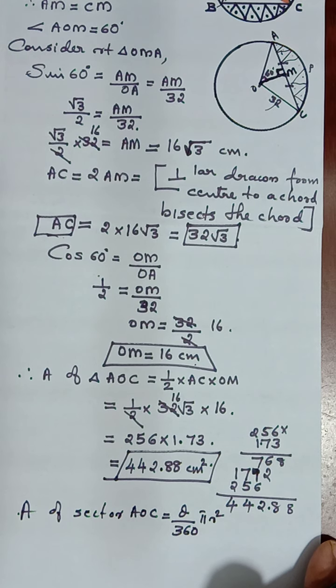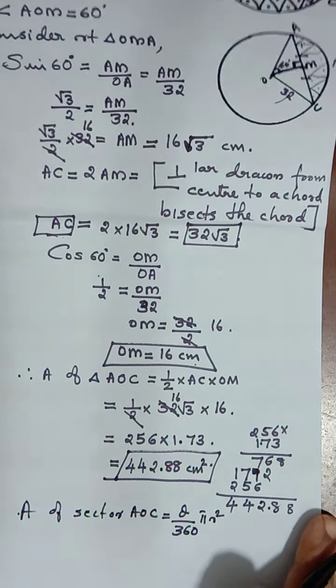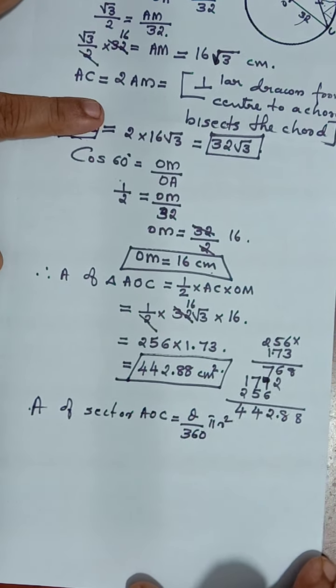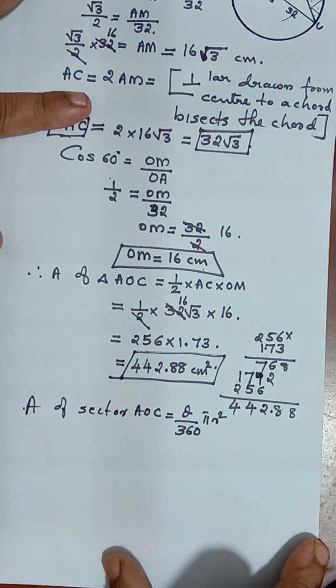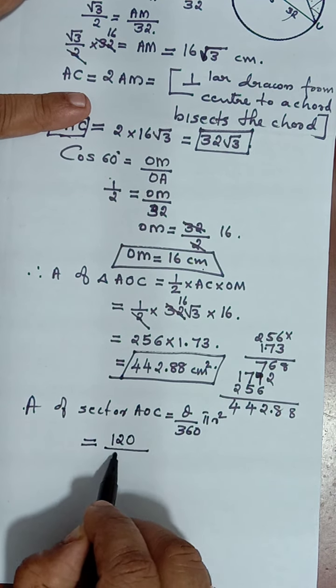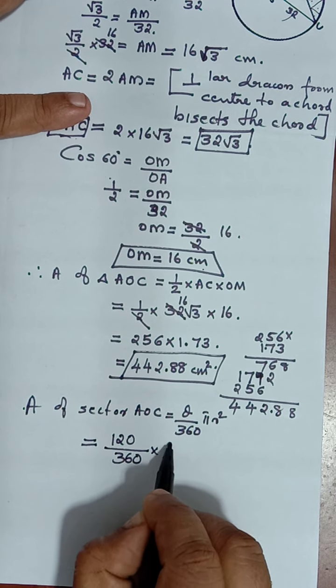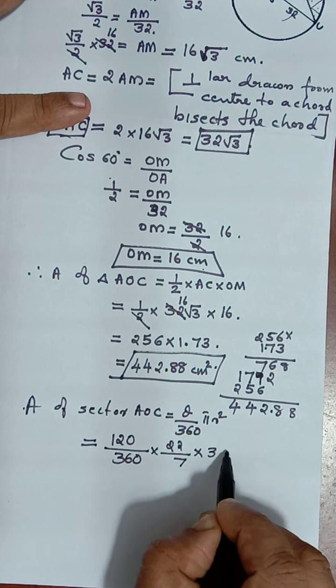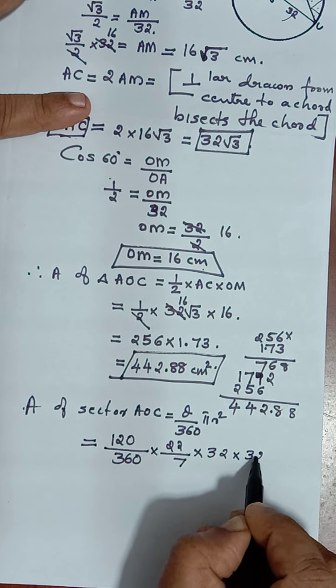Theta value we know there. Central angle is 120 degree. Therefore this is equal to 120 divided by 360 into 22 by 7 into radius, radius is 32 into 32.